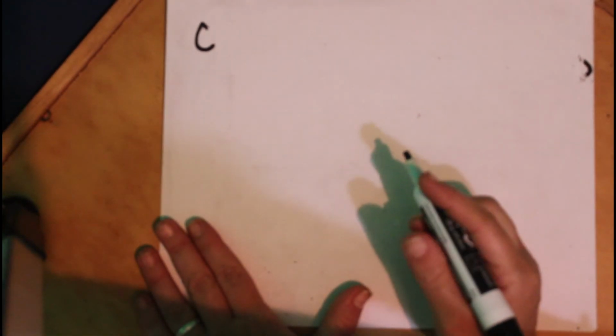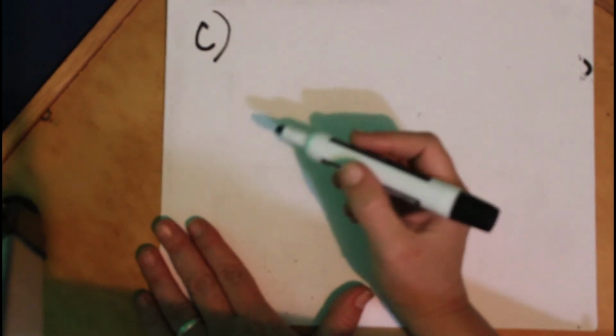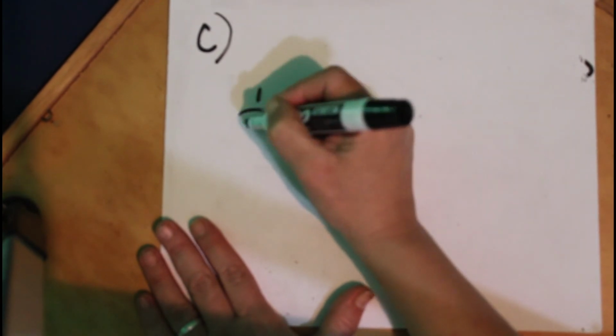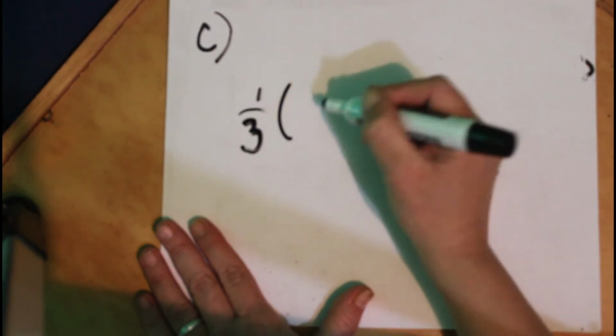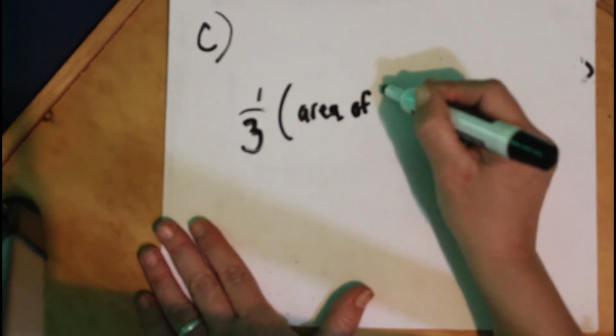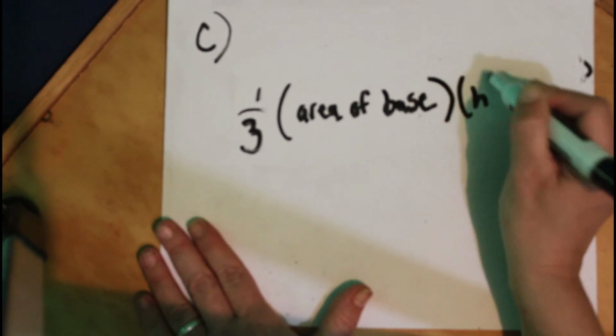Alright, so this is C. C says find the volume of this right rectangular pyramid. It's got a base of 8 by 10 and a height of 12. So to find the volume of a rectangular pyramid, we're going to do 1/3 times the area of the base times the height.